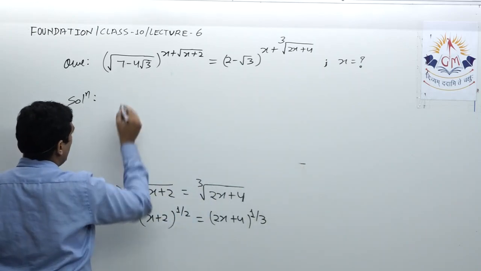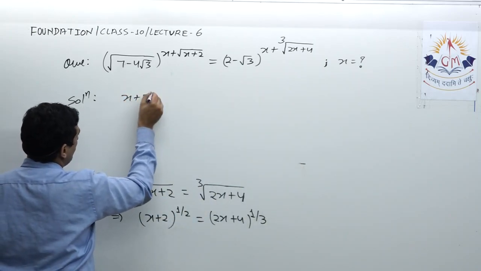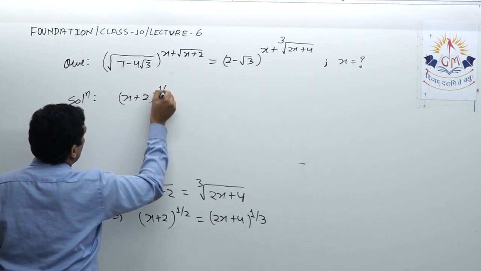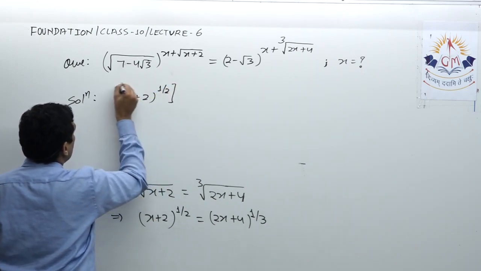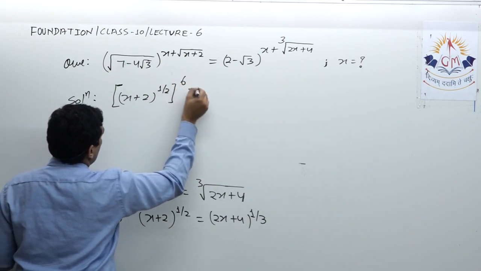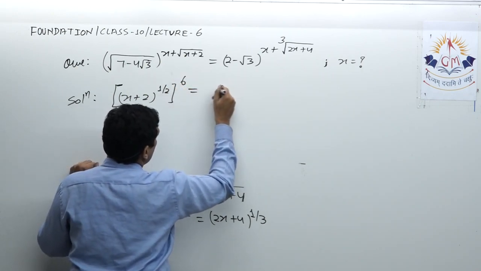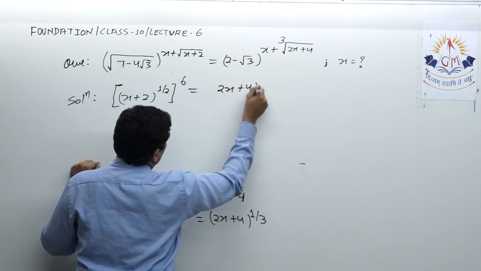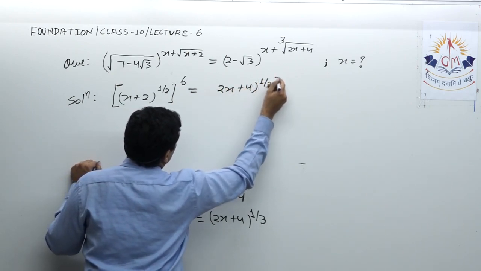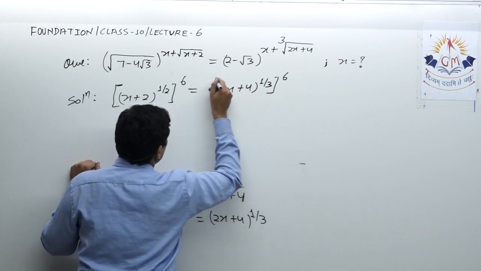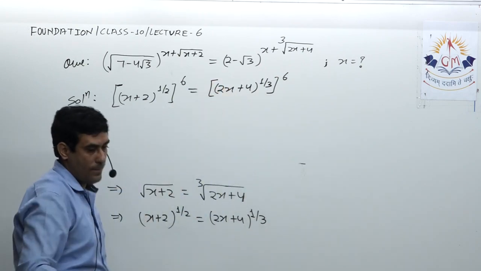Okay, now I will take the power 6. So (x plus 2) raised to 1 by 2, raised to 6, is equal to (2x plus 4) raised to 1 by 3, raised to 6.